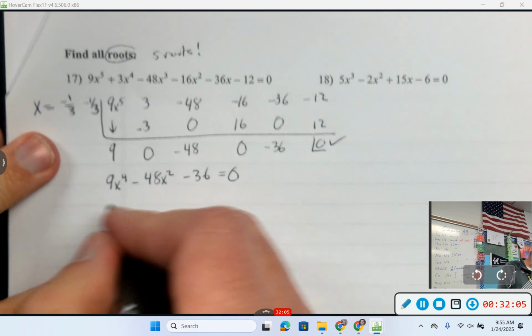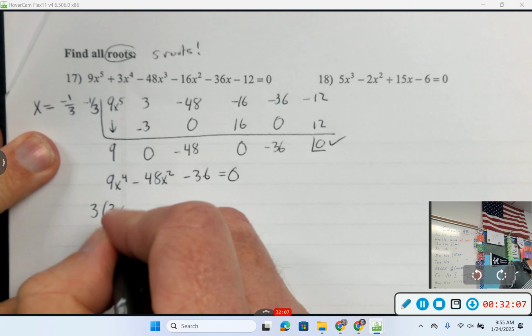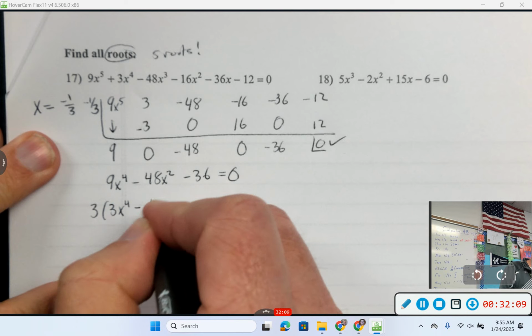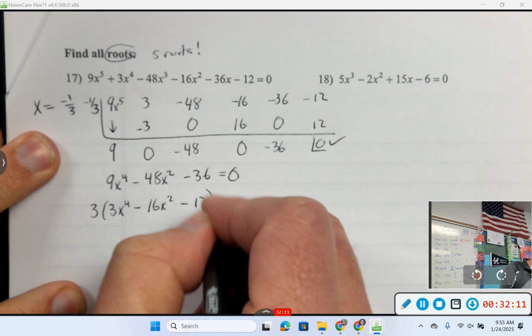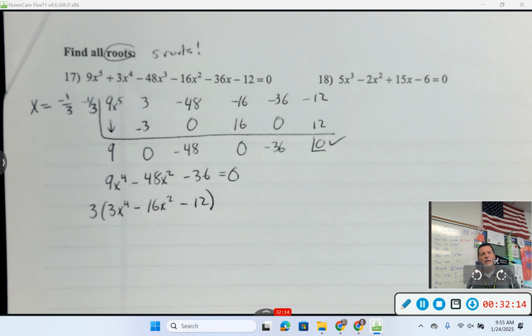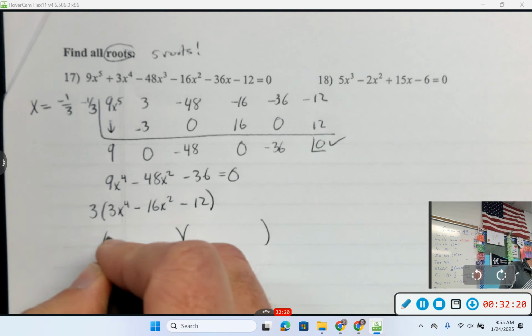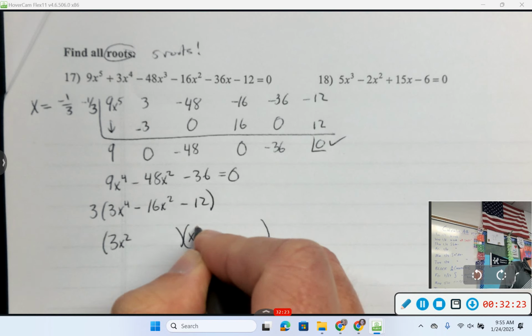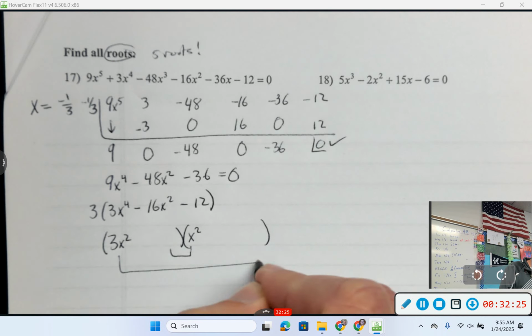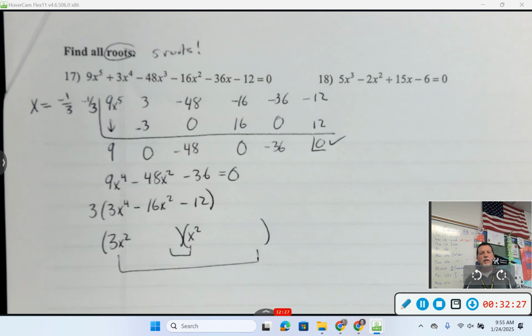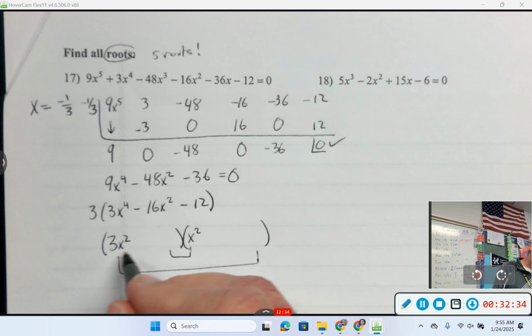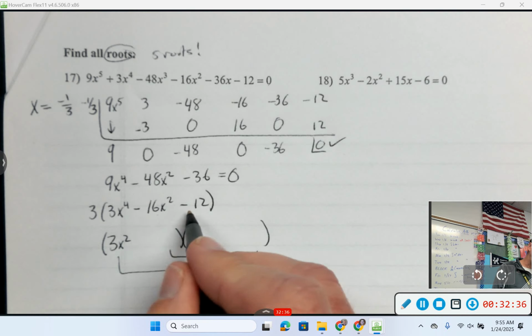So let's take a 3 out and see if we can factor what's left. Let's see. It would have to be 3x squared and x squared. Factors of 12. One of them's got to be multiplied by 3. You get to 16. Signs are different.